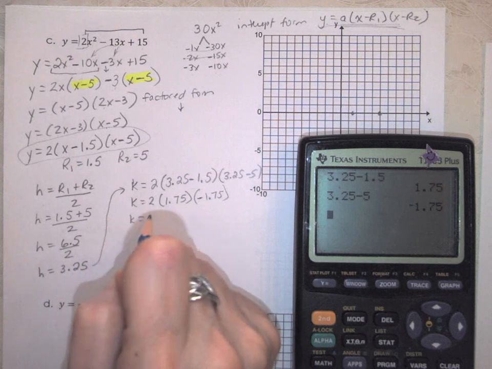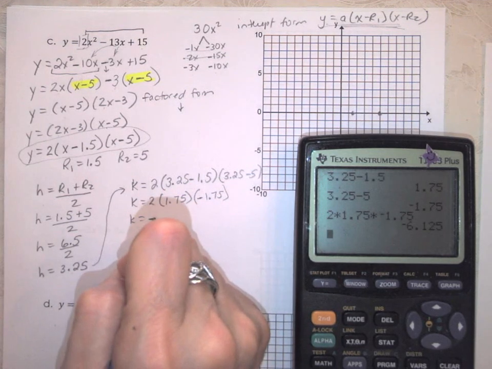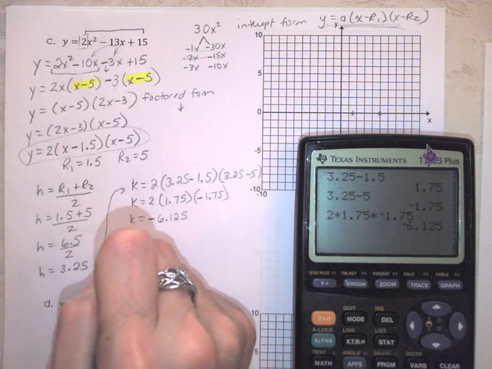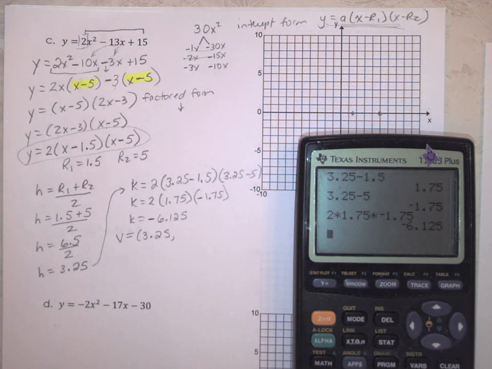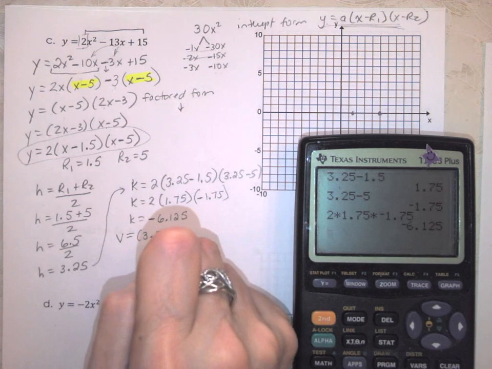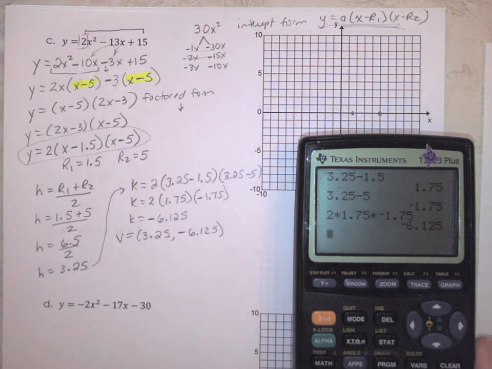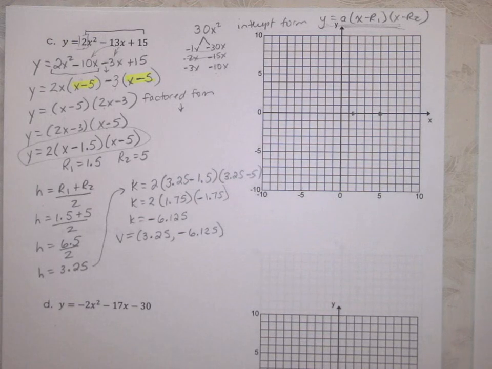So then I'm going to multiply these three numbers together. 2 times 1.75 times negative 1.75 is negative 6.125. So that means my vertex is at 3.25 or 3 1/4 and negative 6.125. So that's a tricky vertex, but let's do our best.